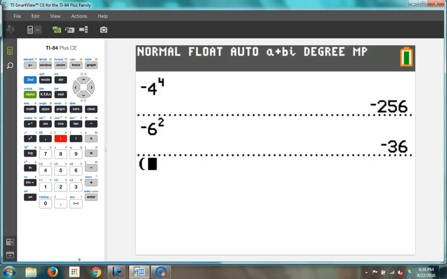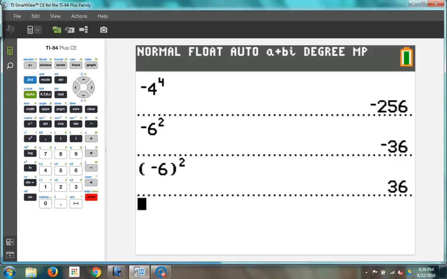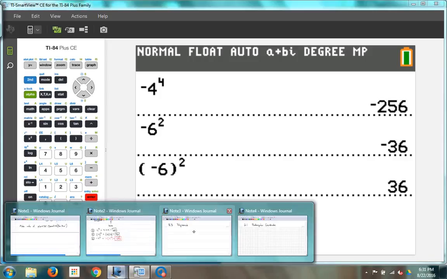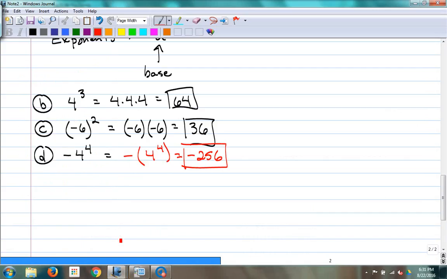But if you mean to square negative 6, you have to put negative 6 in parentheses and square it. And that gets you the proper answer. So with the graphing calculators, you'll have to use parentheses quite a bit if you're going to evaluate your exponents using that. That's very, very important that you do it the proper way there.